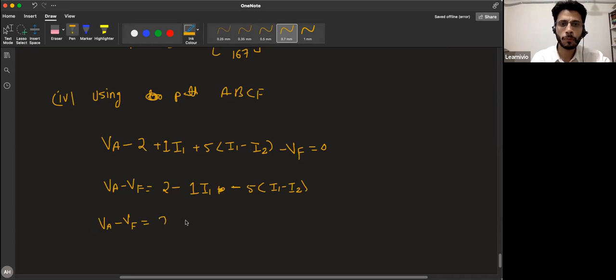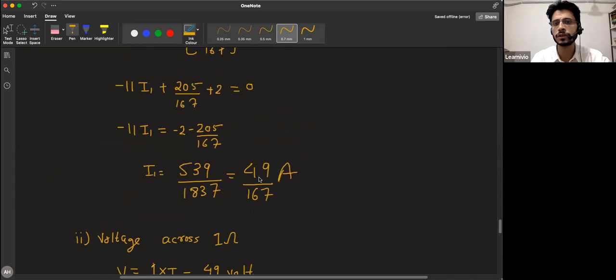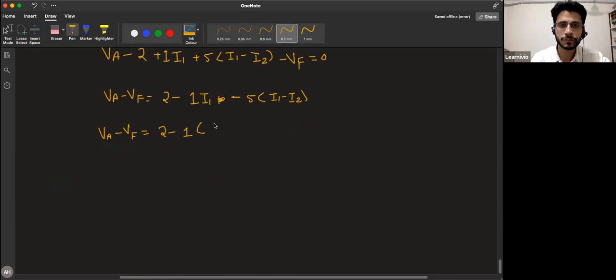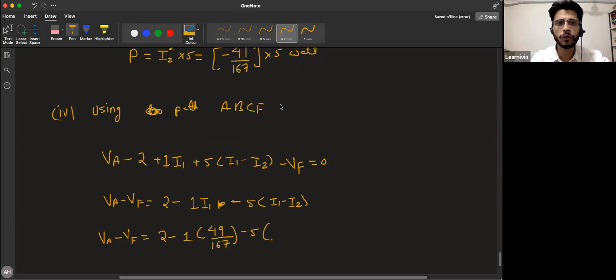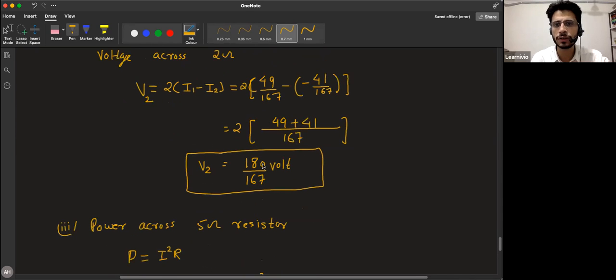Next, what we can write this as VA minus VF is 2 minus 1 into I1. How much is I1? I1 is 49 by 167. Minus 5, I need I1 minus I2. I1 minus I2, we have already calculated, how much? 90 by 167.